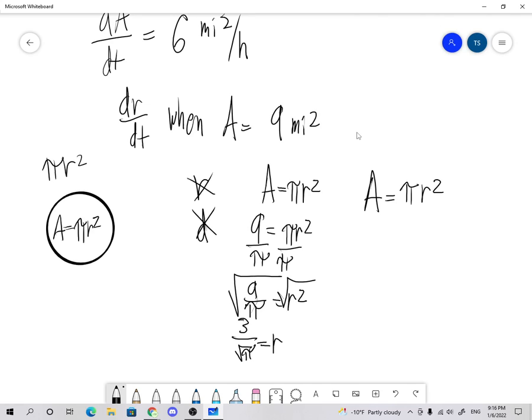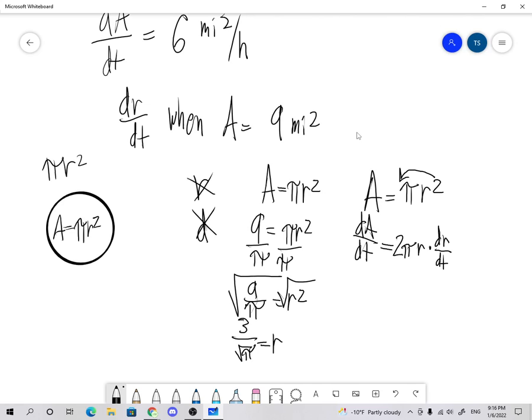Now we actually know what r is. So now we need to implicitly differentiate. This is where we're going to take our values and find the derivative of them. So this will become the derivative of A with respect to t, the rate of change for area over time, is equal to power rule. So this will be dragged over here, 2 pi r to the power of 2 minus 1 times the inside function, which would be dr dt.